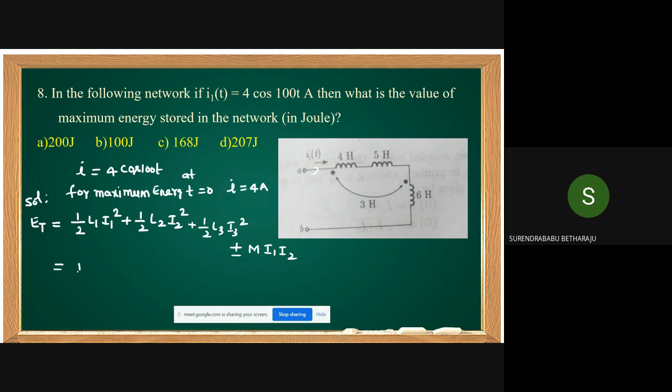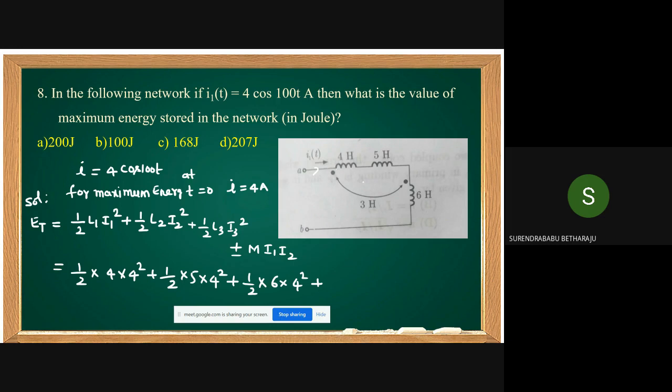Now half into L1 is how much? 4 Henry. I1 square, that is 4 square. Half into L2 is how much? 5 Henry. I2 square, the current remains same, 4 square. Half into L3 is how much? 6 Henry into 4 square plus, but aiding or opposing, you can take plus or minus.